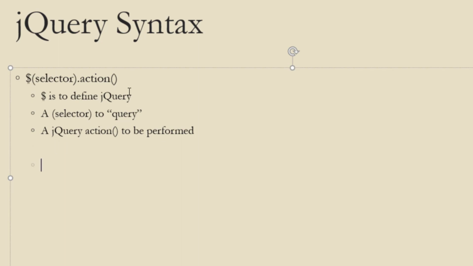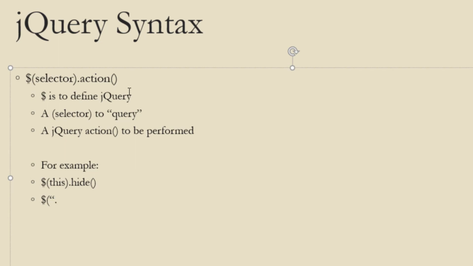So for example, these are some of the examples of jQuery. Dollars, that is my selector, dot hide. So that's the action. So I want to hide the current element.